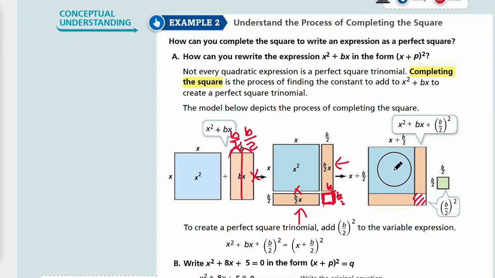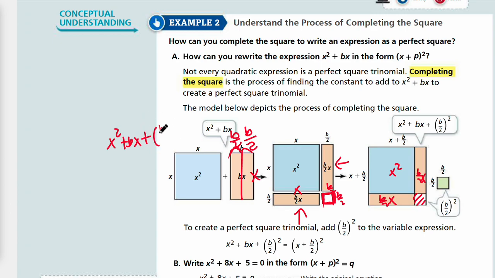So we're adding x squared, we're adding b over 2 x, which is twice. And so that just means we're adding bx. And x squared plus bx was the original expression we had, right? But in order to factor this, we have to make a complete square. We have to have a perfect square.